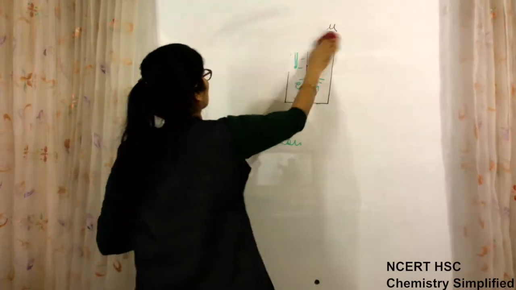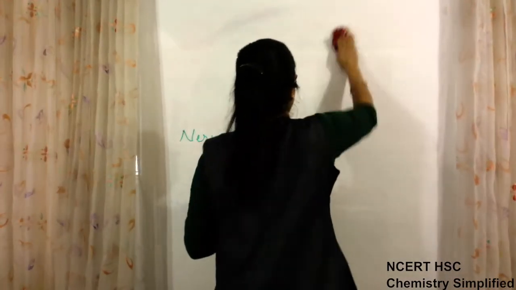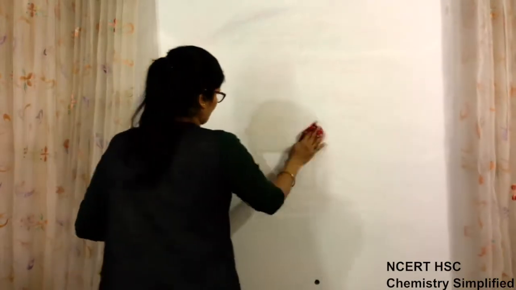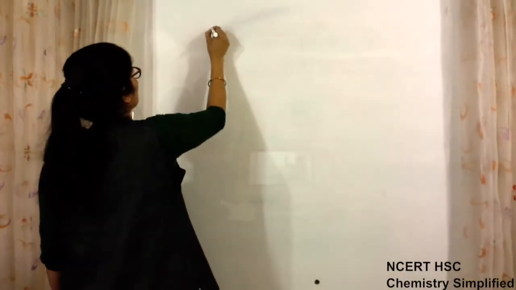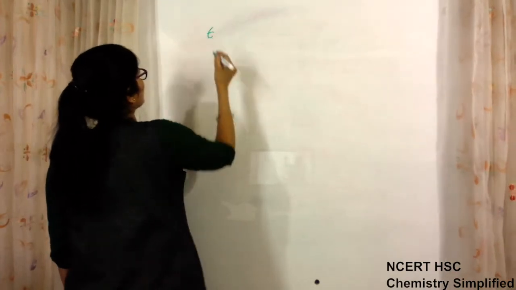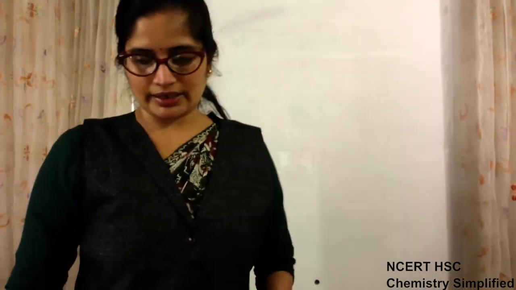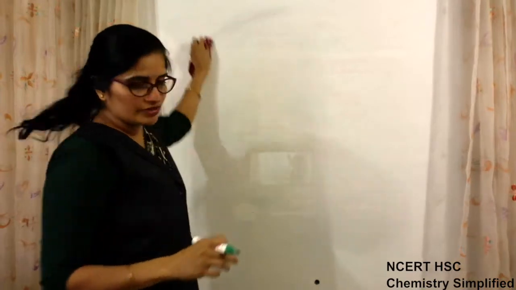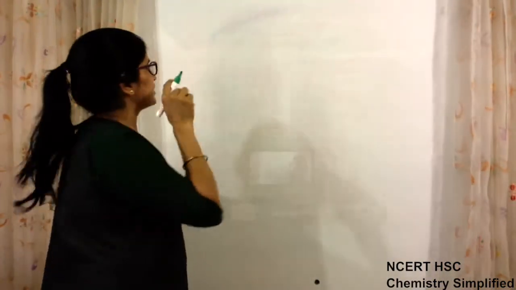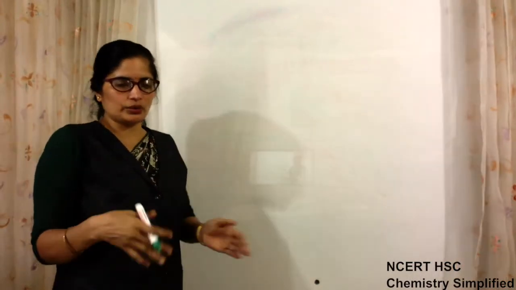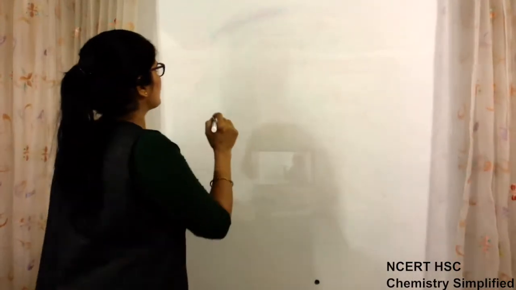Now, according to this, E of the electrode. One thing before we come to this, we have to learn how to find out the cell potential. First we have to know this, then only we can come to the Nernst equation.